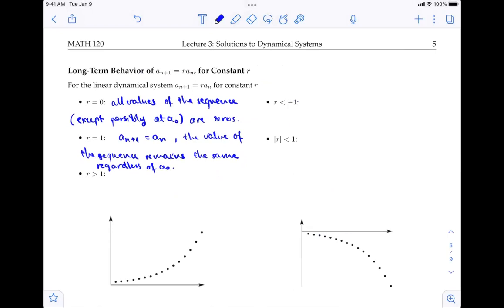When r is greater than 1, then you have a sub n equal to r raised to the n power times a0. This sequence will increase without bound.